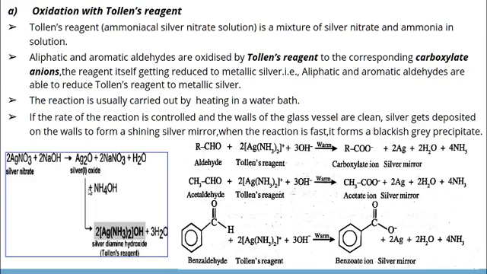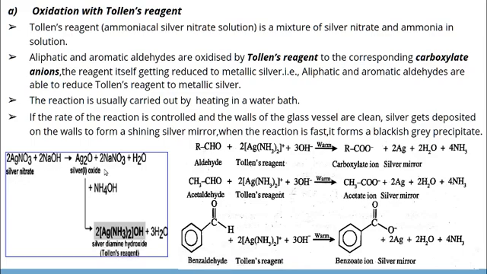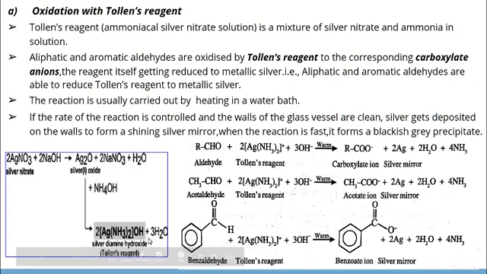We can prepare Tollens reagent by treating silver nitrate with sodium hydroxide solution. Then we will get a precipitate of silver oxide, Ag2O, that we can dissolve by treating with aqueous ammonia. So we will get the silver ammonia complex, and this is Tollens reagent: silver diamine hydroxide or silver ammonia complex.